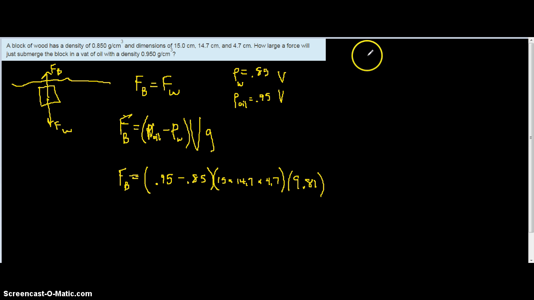In reducing things down, we know that this value here is 0.1 because we subtract those off. If you multiply those across, we get 1036.4, and this is 9.81.